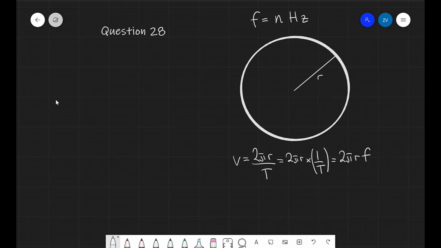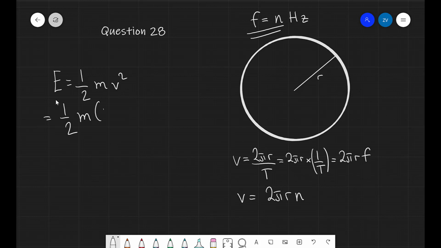Additionally, because our frequency is just equal to n hertz, we could just rewrite this as v is equal to 2 pi r multiplied by n. Okay, well, the kinetic energy is equal to a half times the mass times v squared. So that's going to be equal to a half m, and let's square out 2 pi r n, all of it squared.